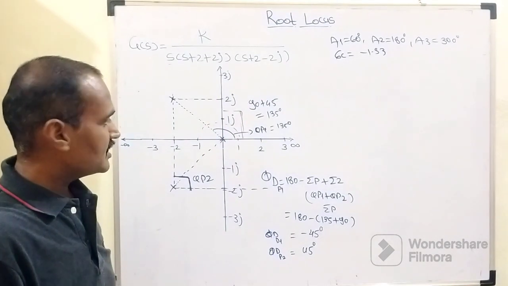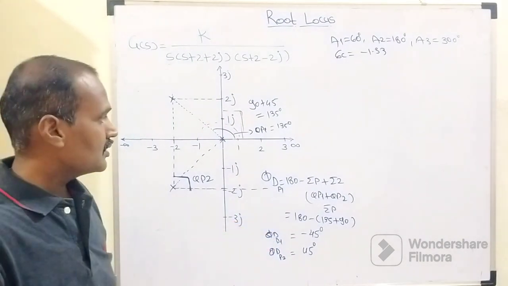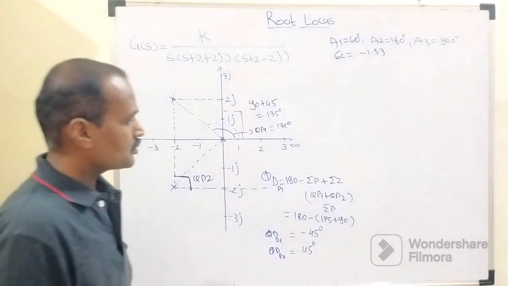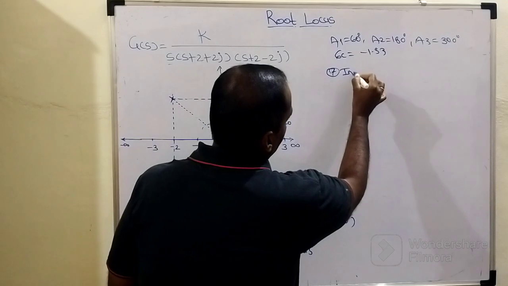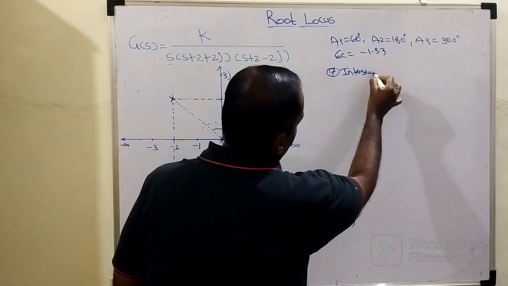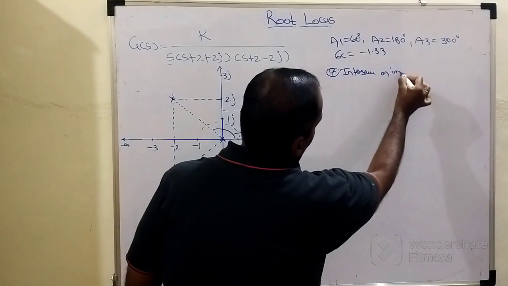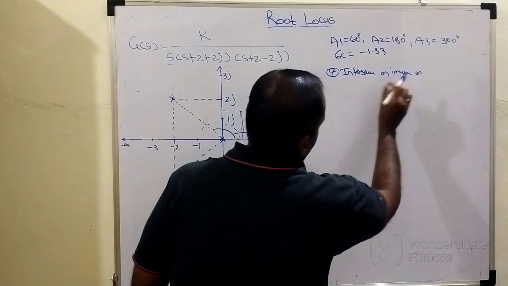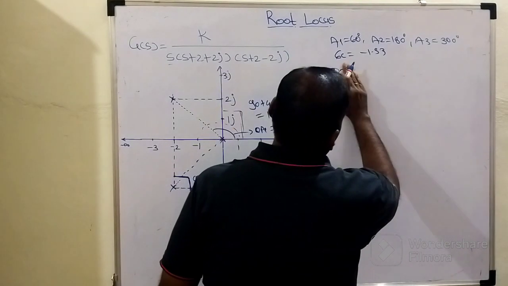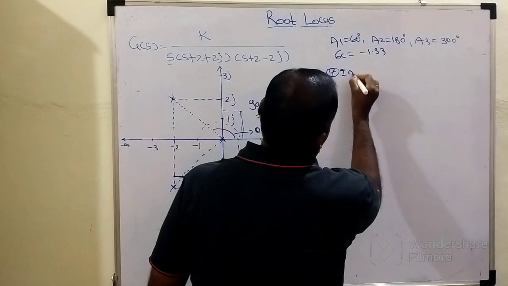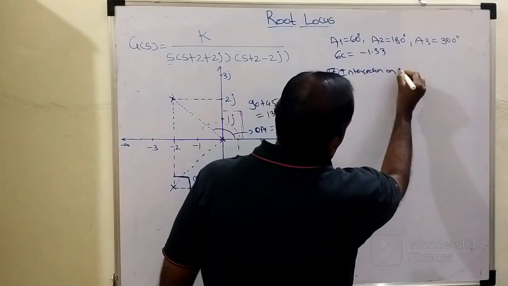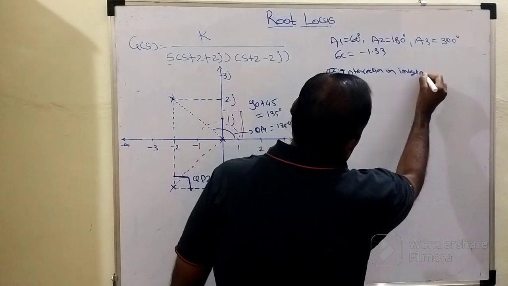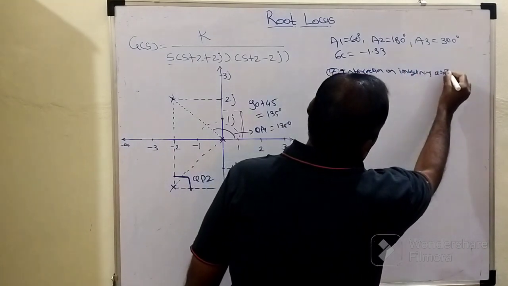Then after that, it's time to plot the root locus curve. Before plotting this root locus curve, finally we need to determine the intersection on the imaginary axis. I will write here: intersection on imaginary axis.